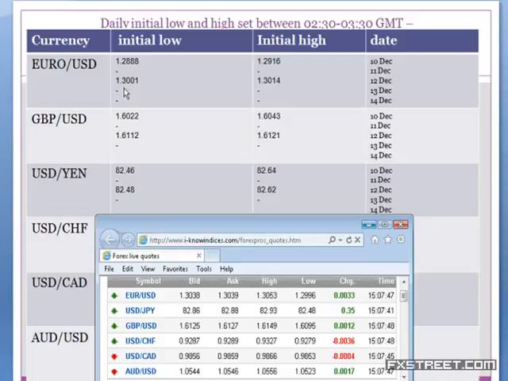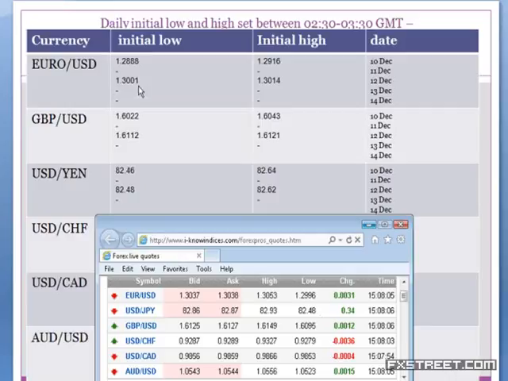Now, I was explaining during the European session, 1.3001 was the initial low in the case of euro. Towards the close of the Japanese session, they made a brief downward stop, as expected by the forecast, and came to the level of 1.2996 and went above 1.3001 in less than 30 minutes.